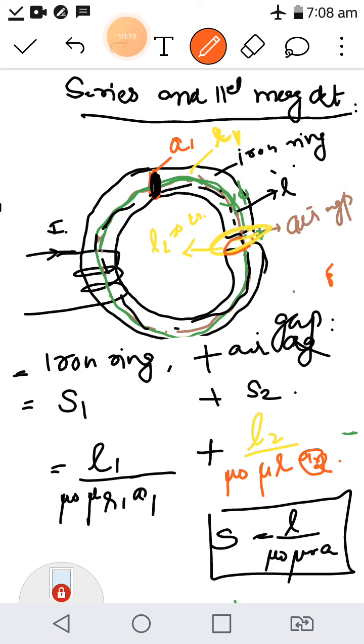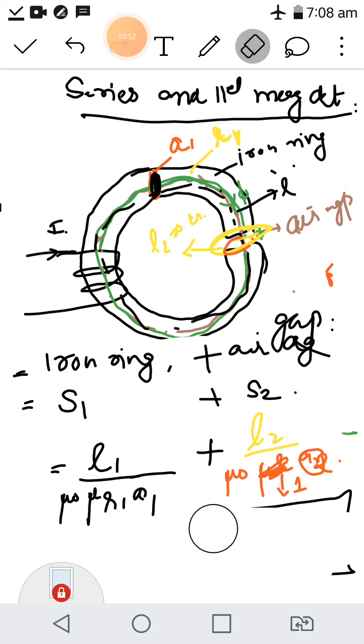Because the air gap does not have any area, we make this assumption when we do examples. What is the value of mu r of air? The relative permeability of air is always equal to 1.